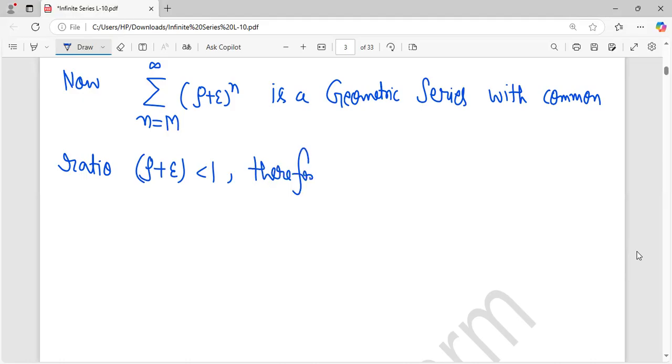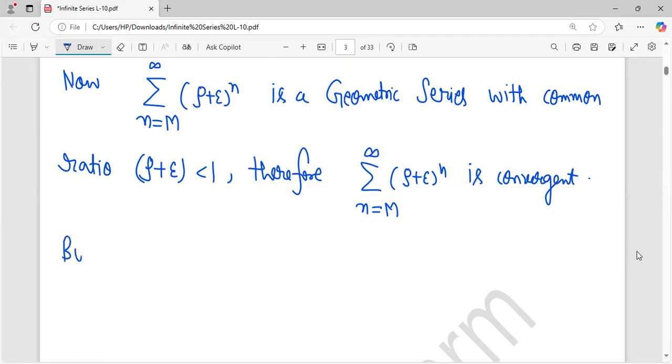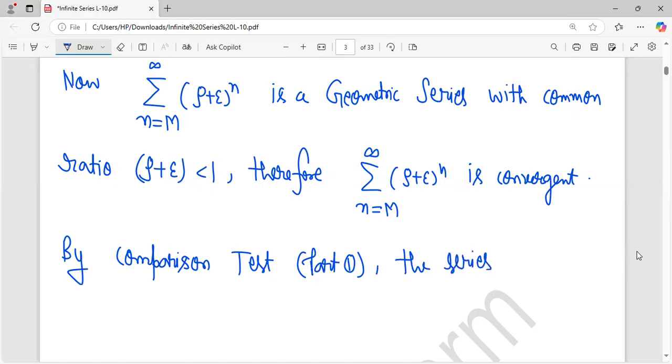Therefore, this series is convergent. By the comparison test, part first, the series summation n goes from M to infinity of a n is also convergent.